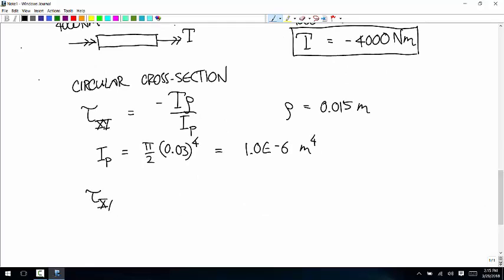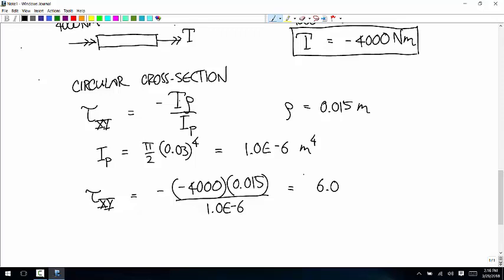So tau, capital X, capital Y, is equal to negative of negative 4,000 times 0.015 divided by 1.0 times 10 to the minus 6. And what do you get for that? 6.0 times 10 to the 7 pascals.